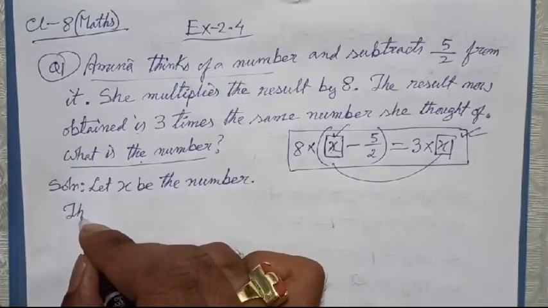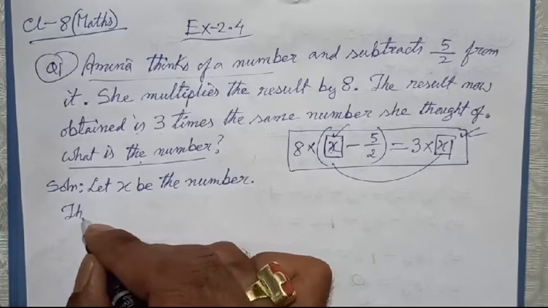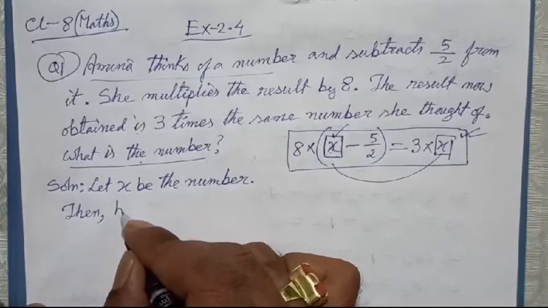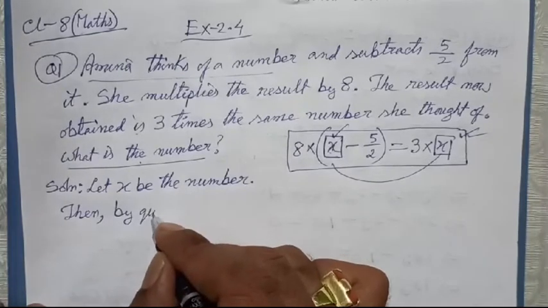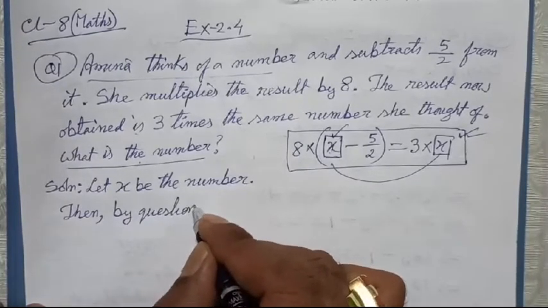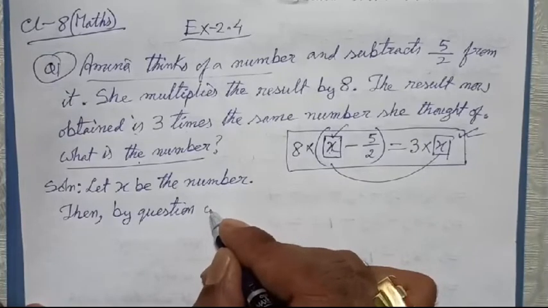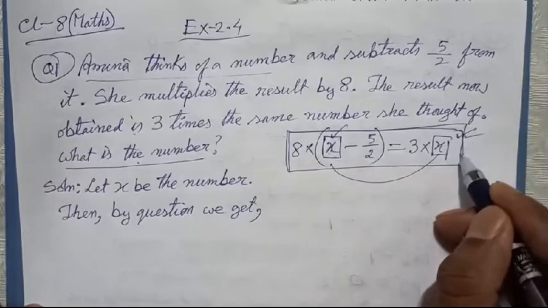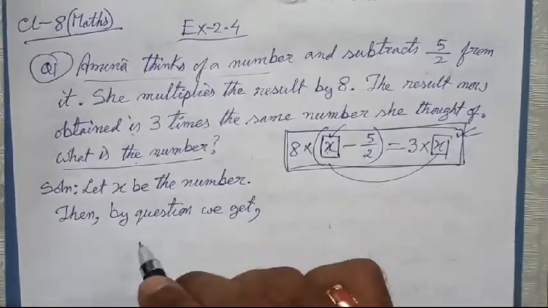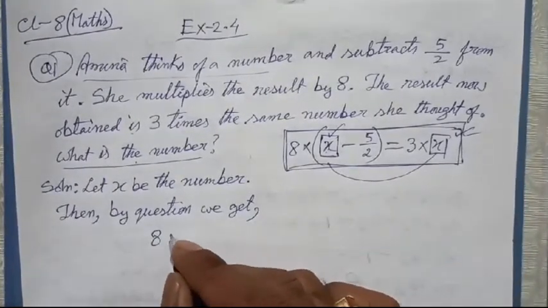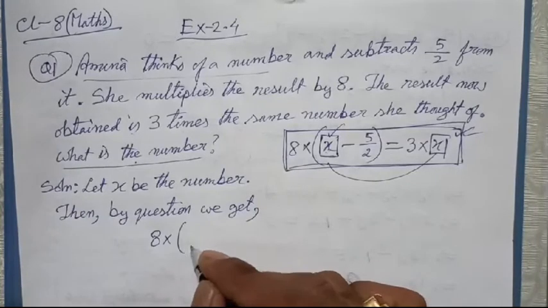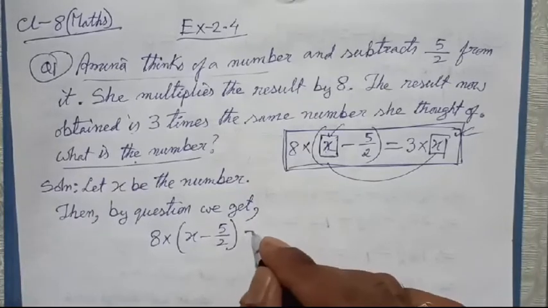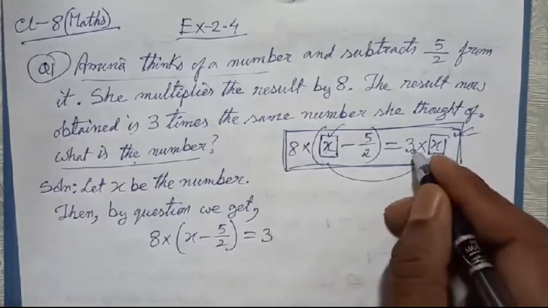Then by question we get, and this is what we are getting from the question, and this is what we have to write down here. 8 into x minus 5 by 2 is equal to 3 into x, that is 3x.